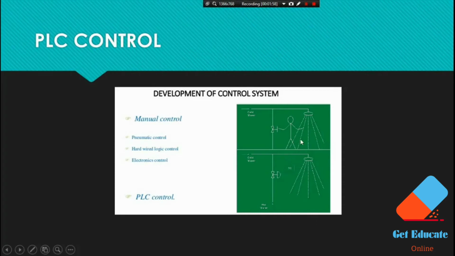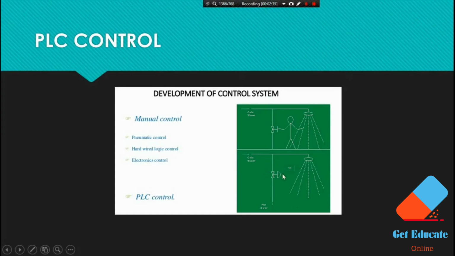Here the man was sensing the temperature, but now an RTD or thermocouple is used to sense the temperature of the water, and this temperature is controlled by the temperature controller via the PLC. The valve opens 10%, 30%, 40%, depending on the control part.